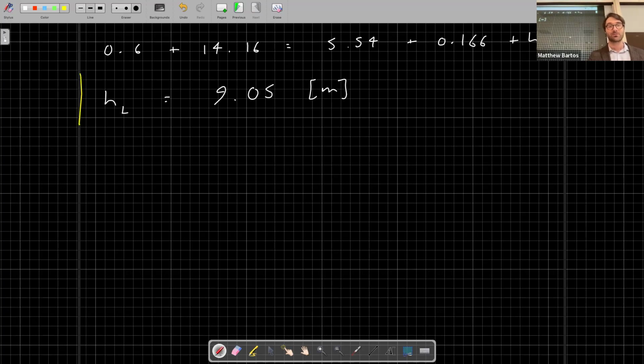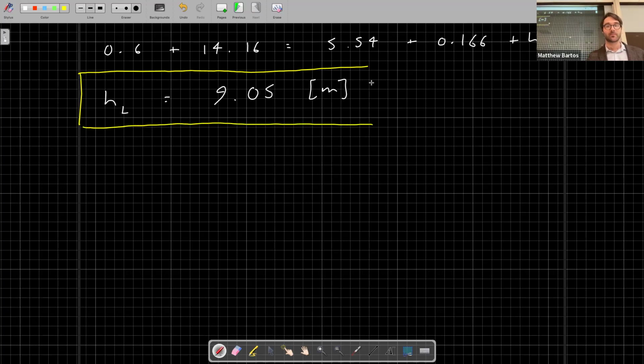So that's a huge reduction. Your total energy upstream was less than 15 meters, so you're losing most of your energy within that hydraulic jump. It's just from the turbulent eddies.